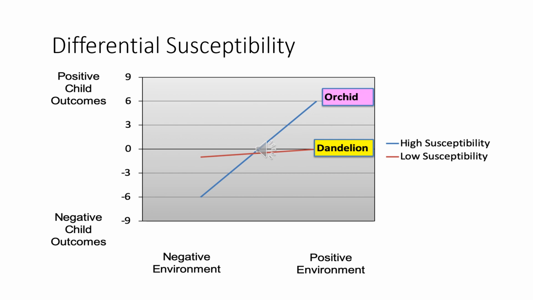So their red line is more flat, whereas orchids are much more sensitive and reactive to their environments. If their environments are really positive, then their outcomes are really positive, and if their environments are really negative, then they're struggling a lot more. So the orchids are considered highly susceptible or sensitive, and dandelions are considered to have low sensitivity or susceptibility.